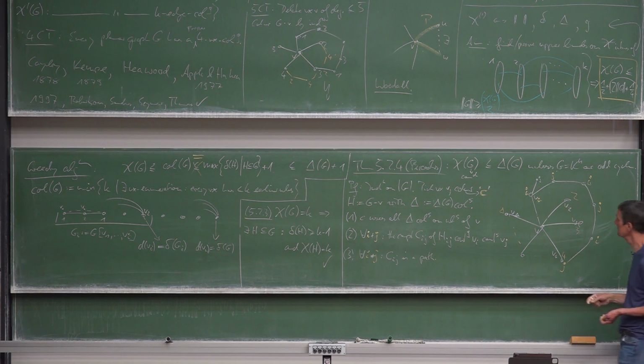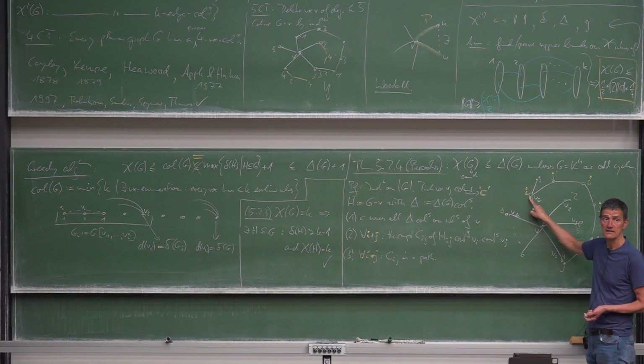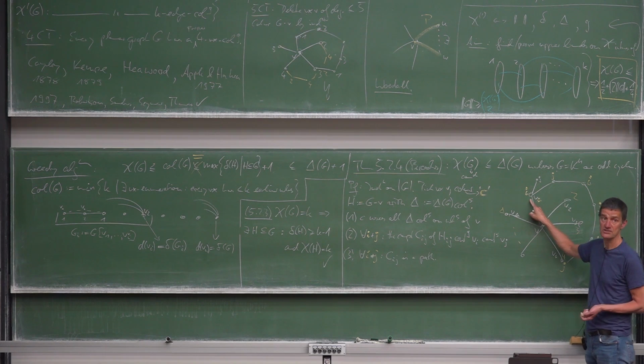Well, not really, because what's the degree of Vi? In G, it's at most delta. But this edge is not in H, so in H, it's at most delta minus 1.